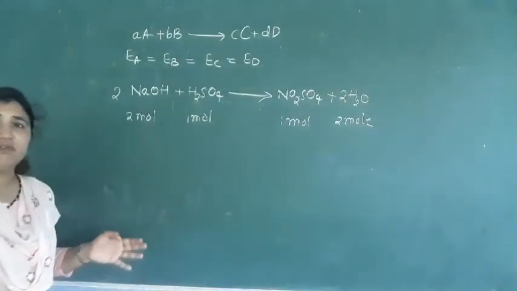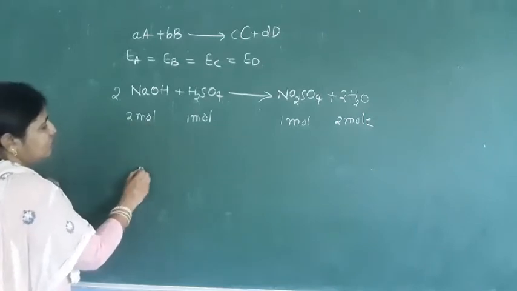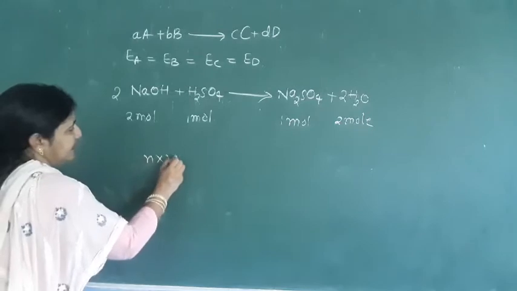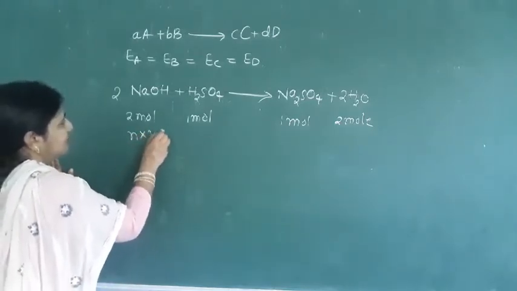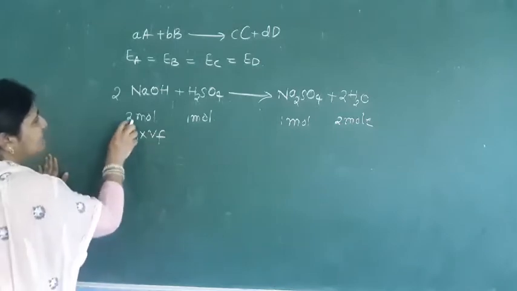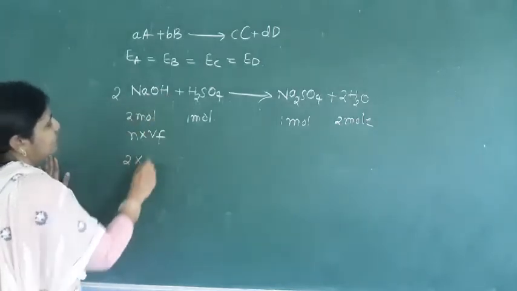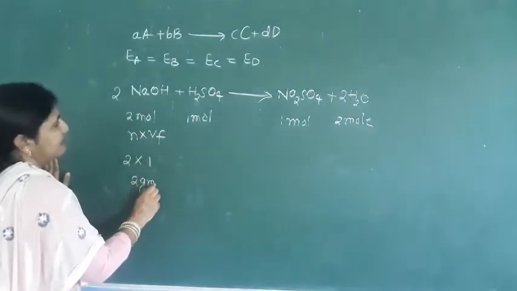What is the formula for finding the number of gram equivalents? It is number of moles into valency factor. The number of moles given is 2, and the valency factor for NaOH is 1. So we get 2 gram equivalents.